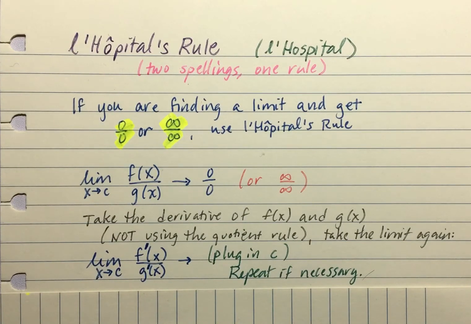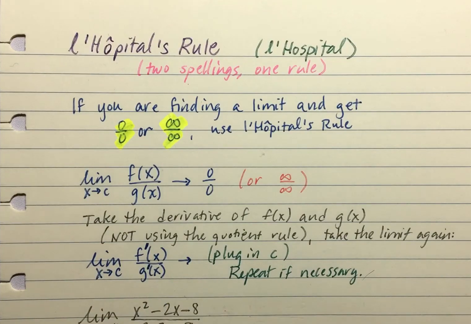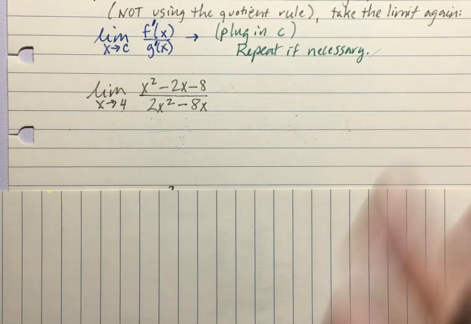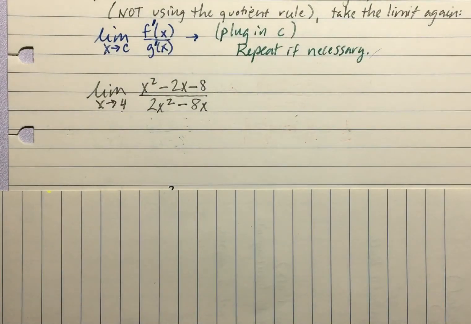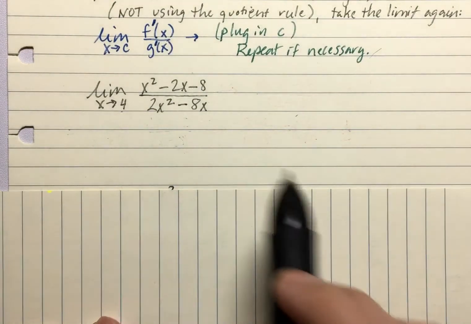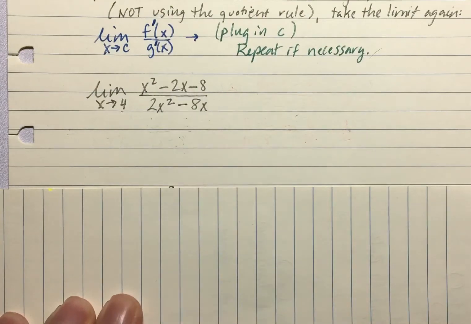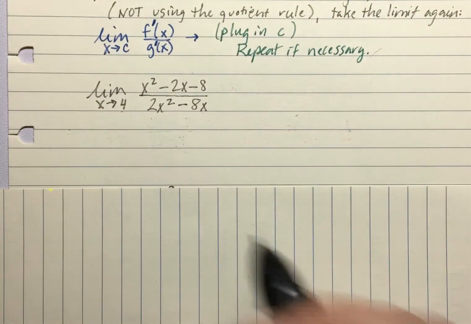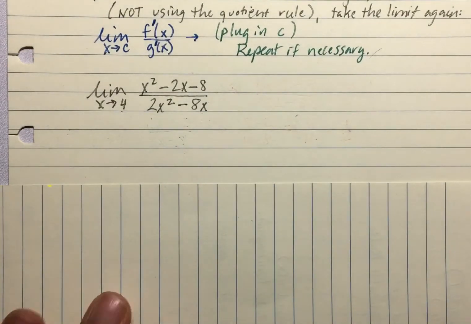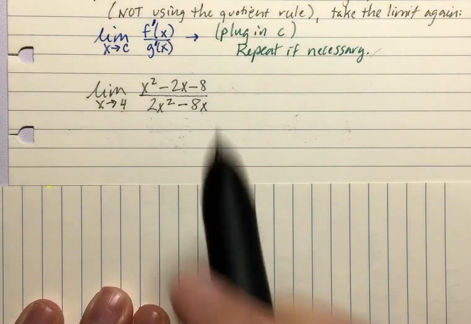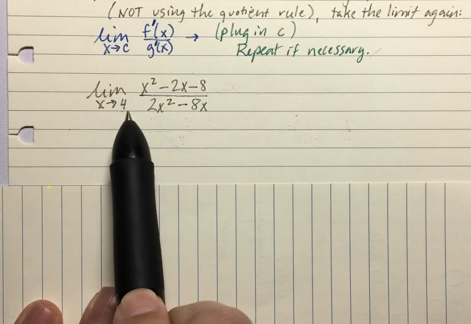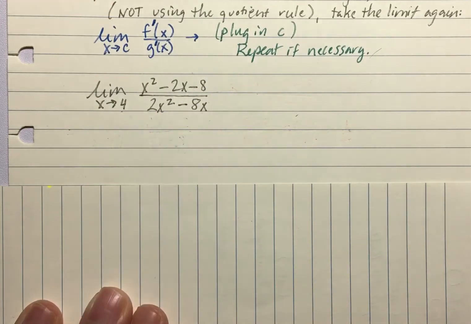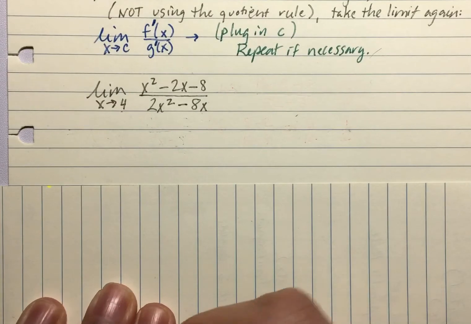Let's take a look at a few examples. I'm going to slide this up and put that here to cover it. Say we're looking at the limit as x approaches 4 of x squared minus 2x minus 8 over 2x squared minus 8x. A lot of times when people know about L'Hopital, they go there first. But if you plugged in x equals 3, you would just get some number on the top and a different number on the bottom, so you would have some number.